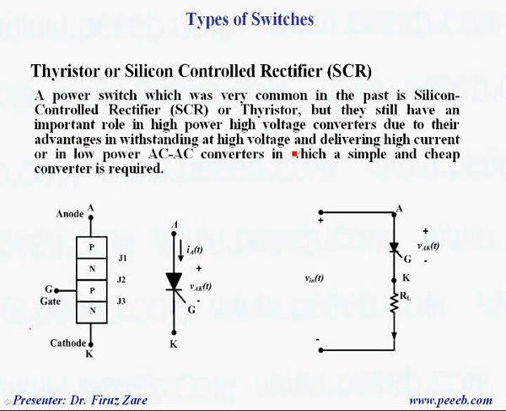SCR, or silicon controlled rectifier, or thyristor. This is a special power switch which was very common in the past, but at the moment in modern power electronics we normally use these types of switches in very high voltage or very high current applications, because they can handle high voltage and deliver high current.